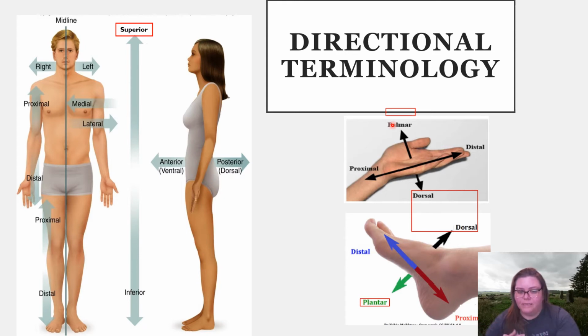Your foot is the same way. Plantar, you plant your foot. So that's how I remember it. Distal, again, towards your toes, and proximal towards your heel. Dorsal is the top part.